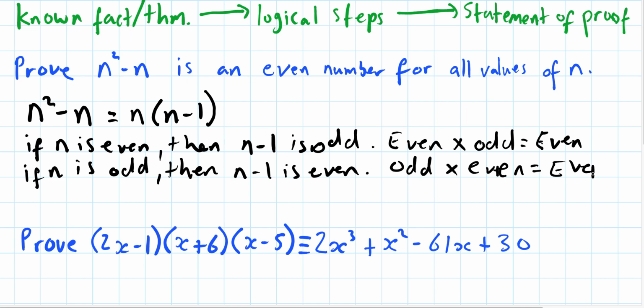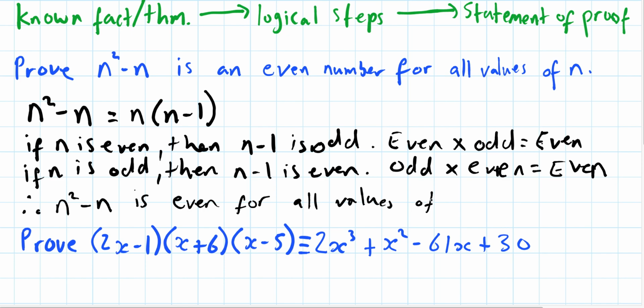Cool. So that's the logical steps. And then we just write the statement. Therefore, n squared minus n is even for all values of n.